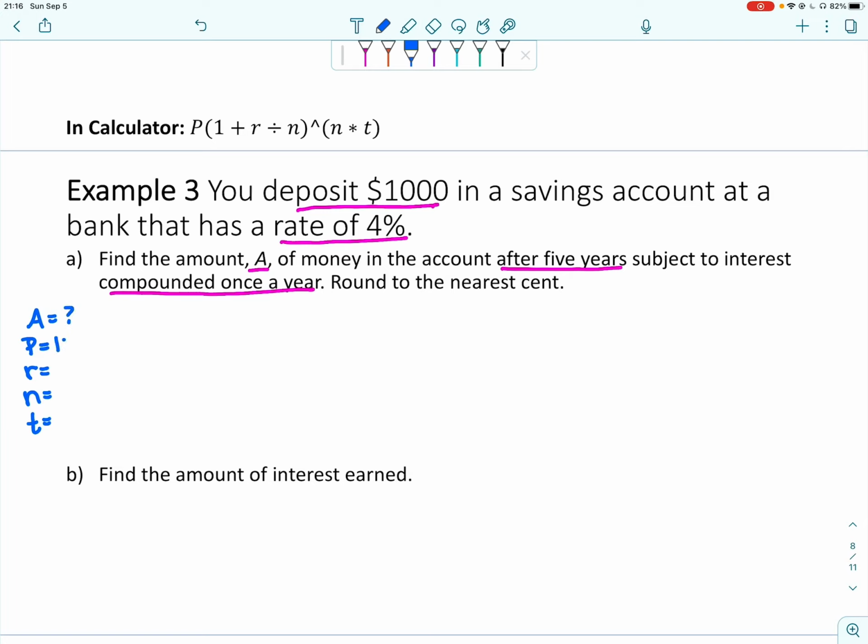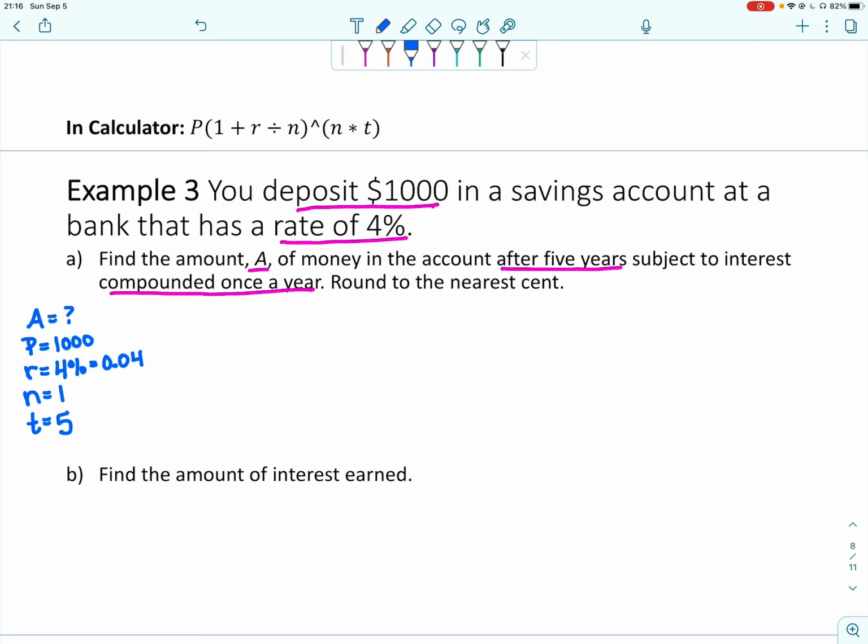P is the amount that I deposited, so that's $1,000. R is my interest rate of 4%, but I know I can't do math with percentages, so I'm going to turn that into a decimal of 0.04 now. N is the number of compoundings a year, so it's compounded once a year, so it's going to compound one time. And T, it's going to be in the account for 5 years.